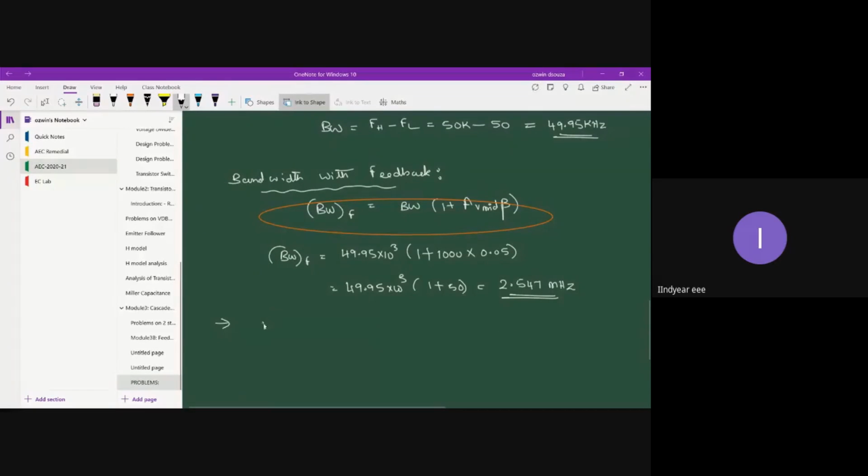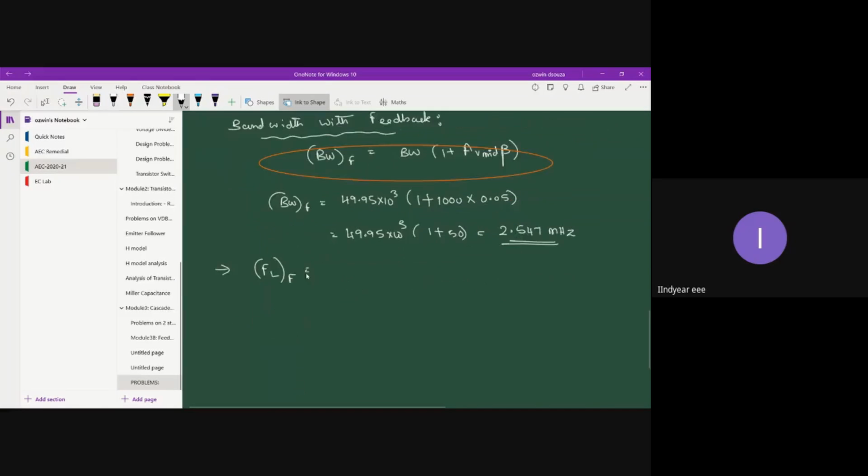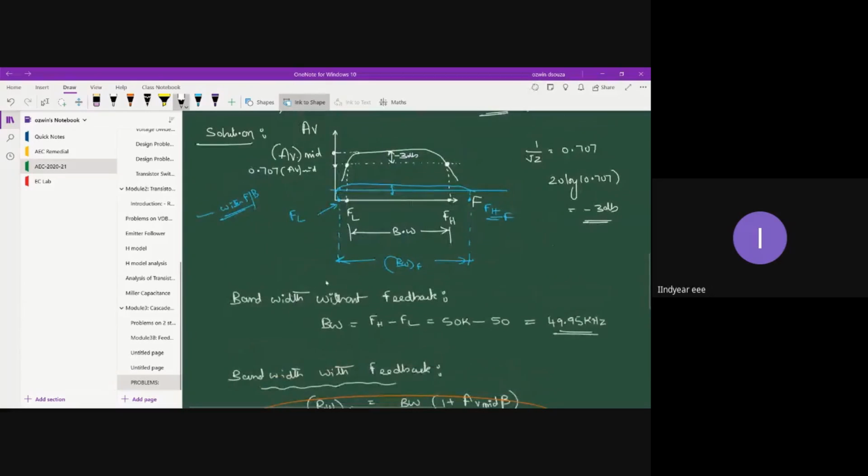Next, you need to determine the lower and upper cutoff frequencies with feedback. So FLF, that is the lower cutoff frequency with feedback, and FHF, the upper cutoff frequency with feedback. You have to take the formula very logically.